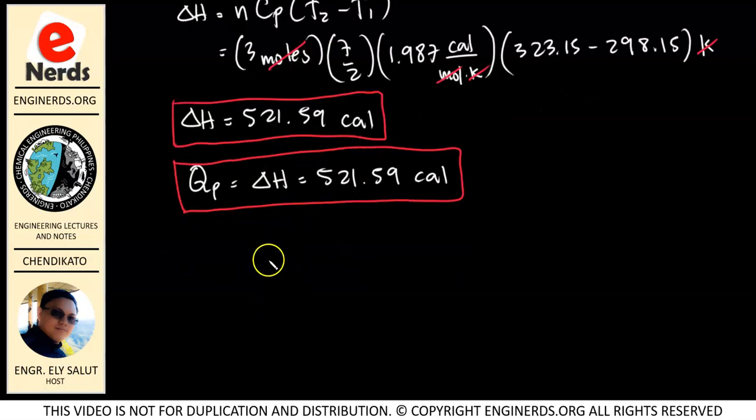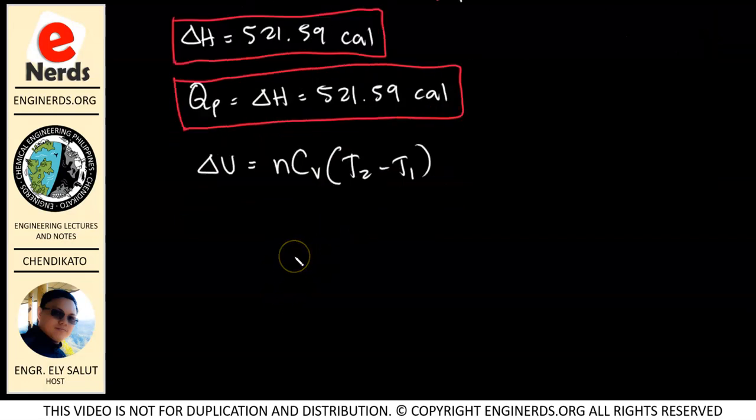Okay, so the next requirement that we will try to solve is our change in internal energy, and we know that this is equal to n Cv (T2 minus T1). We already wrote this earlier in our lecture, but we don't know the value of Cv. We already discussed in our lecture about specific heat capacity that we have a relationship between Cp and Cv.